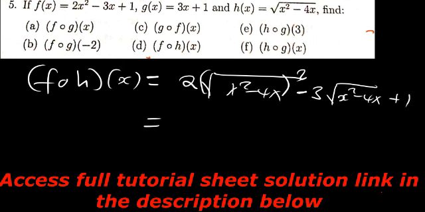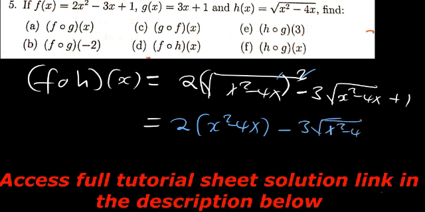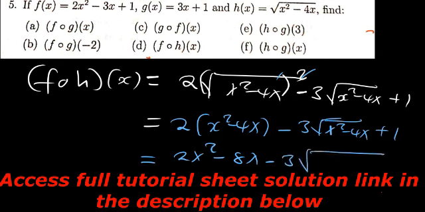So it will be the square root, and that will cancel out. We'll have this, then minus 3 root x squared minus 4x plus 1. What else do we need to know? 2 times x squared is 2x squared, so it will be minus 8x minus 3 root x squared minus 4x plus 1.